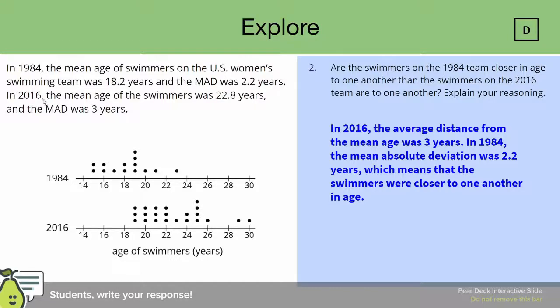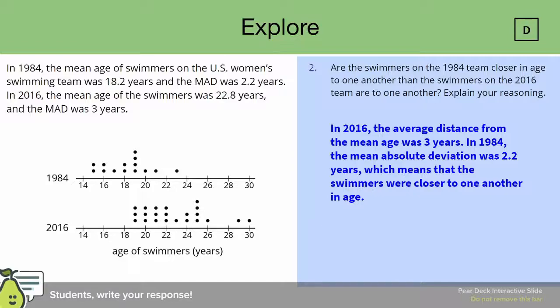We can also see that in 2016, the MAD, or the mean absolute deviation, was 3 years, which tells us the average age of the swimmers is about 3 years away from the mean, or from the average of all the swimmers. So we can definitely see that the ages were a lot closer when we were looking at the team from 1984, because their mean absolute deviation was smaller than that of the 2016 women's swimming team.